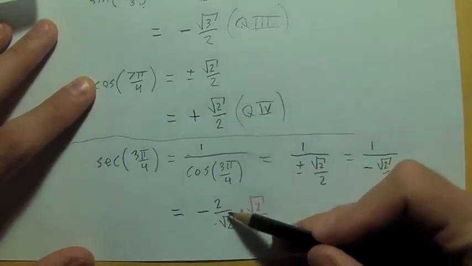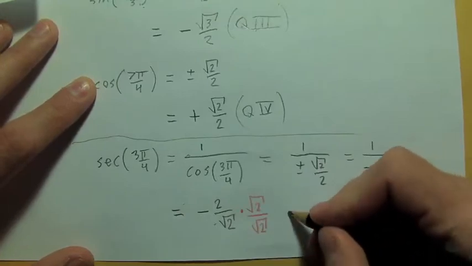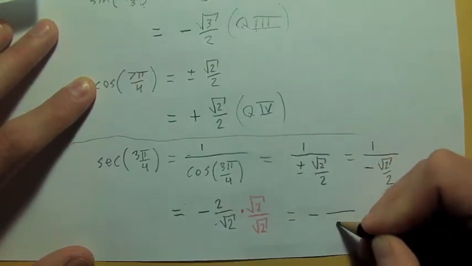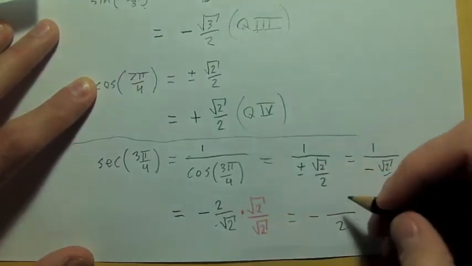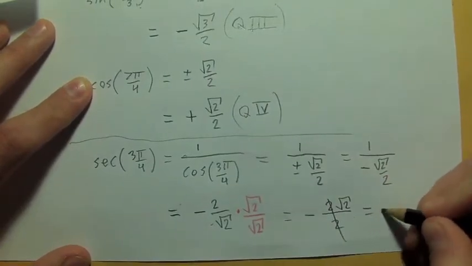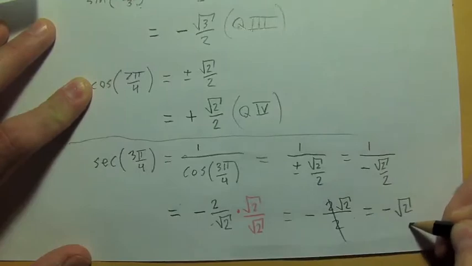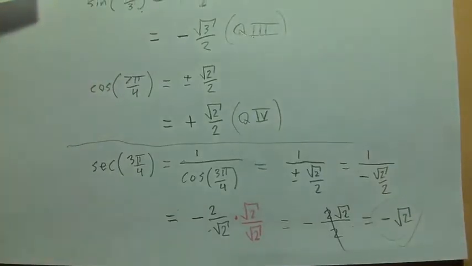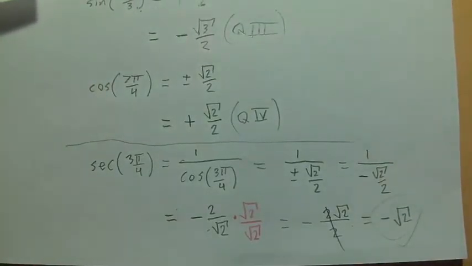Okay, so these two multiply together on the bottom to give us 2, and on the top to give us 2 times the square root of 2. So that cancels, and we're just left with the square root of 2. Now this is what you would see if you looked it up in a table.